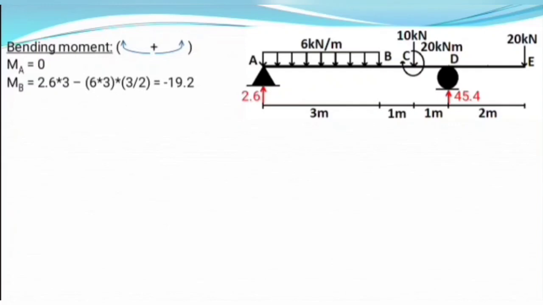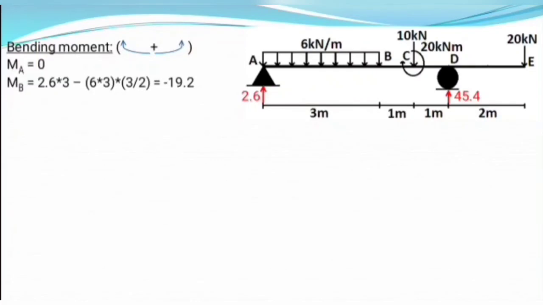So we are finding bending moment about point B. You need to visualize that the 2.6 kN force causes a clockwise moment. So the moment due to the 2.6 kN force about point B equals 2.6 into 3, because the distance of the 2.6 kN force from point B is 3 meter.